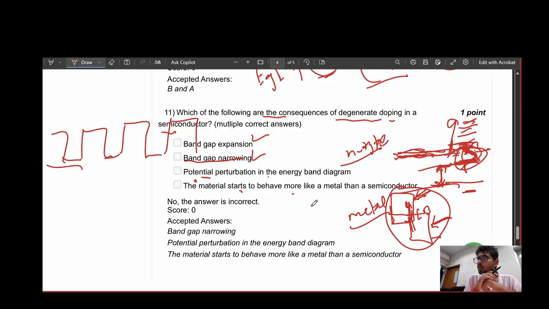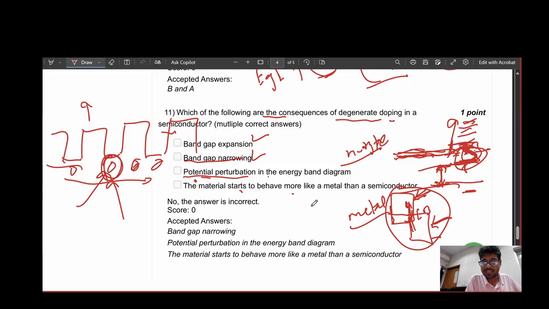When it was an intrinsic semiconductor, there were atoms, and because of that there is a periodic potential. But when you dope the semiconductor, you have removed a silicon atom and added another atom, and that has perturbed the sequence.